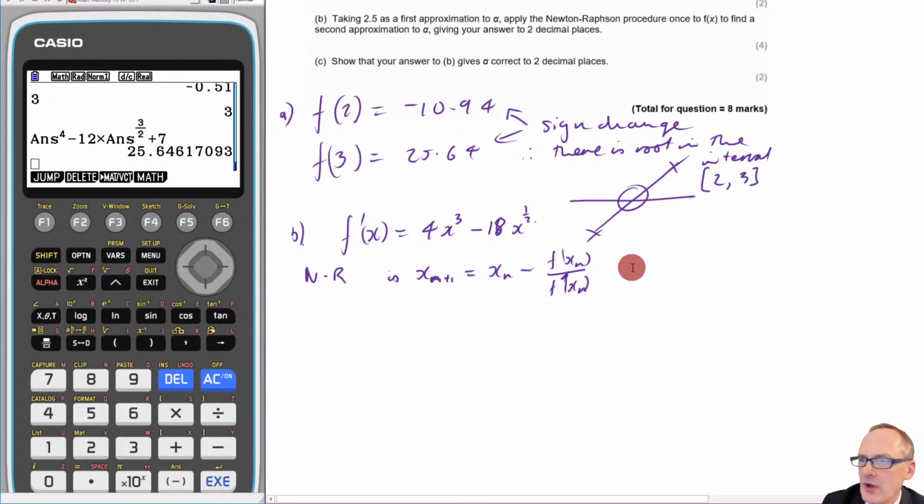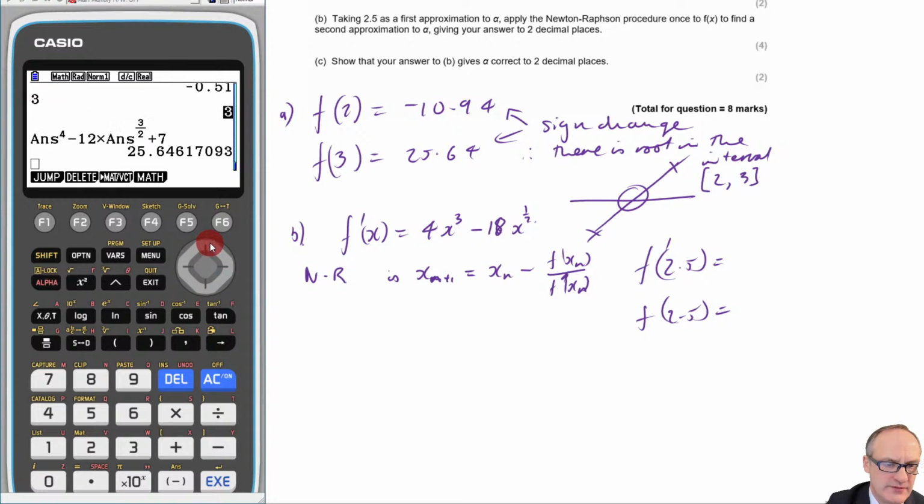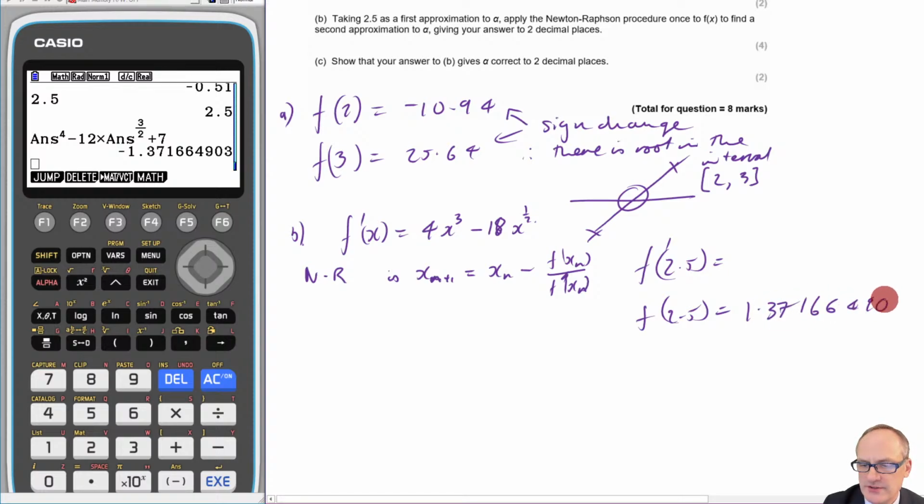Okay, so when we're doing f dash of 2.5, we're going to put that into this formula. I do need f of 2.5, and to save myself a little bit of time I'm going to go back up and find it. Typing in 2.5 at this stage, I get minus 1.37166490.